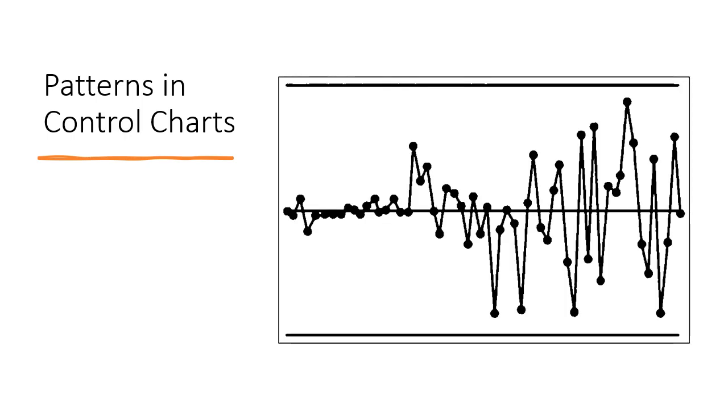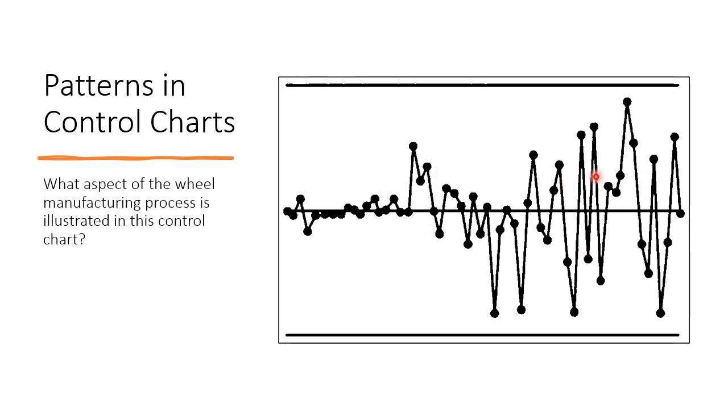How about this chart? This chart also has assignable cause variation. At first, the points hug the center line, then they spread out. So what aspect of the wheel rim manufacturing process is illustrated in this control chart?